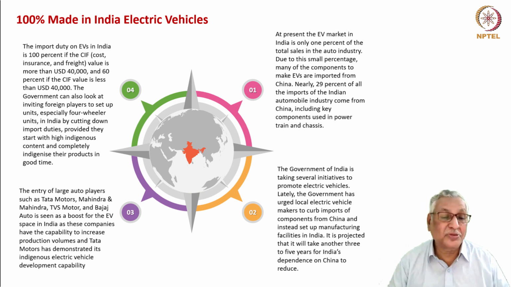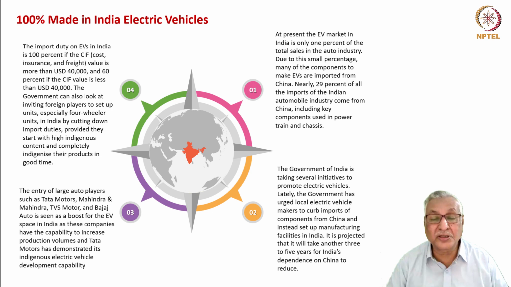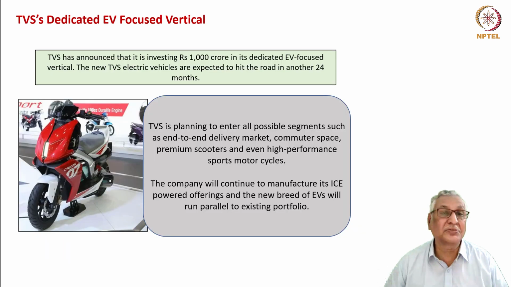Big automobile groups such as Tata Motors, Ashok Leyland, Mahindra and Mahindra, TVS Motor, Bajaj Auto getting into the electric vehicle space, some directly by their divisions and some inorganically through their subsidiaries, is going to be a big boost for the electric vehicle space in India, because these groups have got the capability to scale up and scope up the electric vehicle production in various segments.